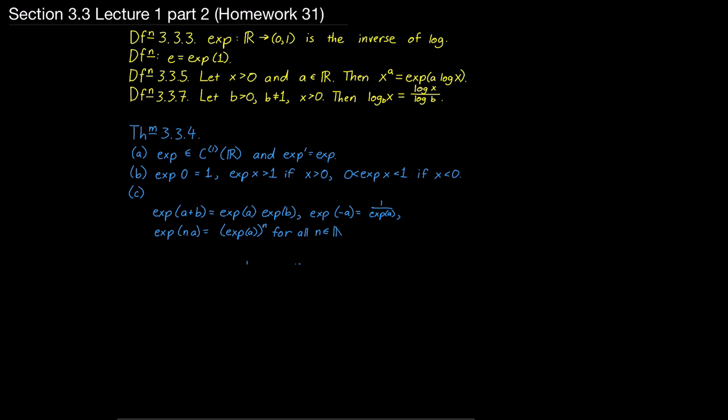You get that from the above by induction, and these are true if a and b are any real numbers. Part D is that exp, its domain is the real numbers, its image is the positive real numbers. That is a strictly increasing bijection.